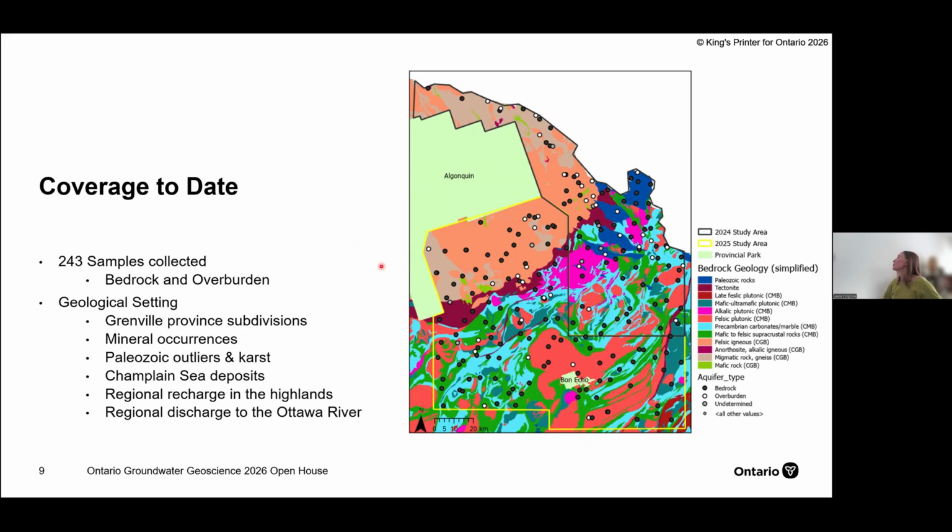So in the northwest, we have the Central Gneissic Belt, which is these orangey pinks up here. And then in the southeast, we've got the Central Metasedimentary Belt, which is a lot more complicated and heterogeneous. And then on top of that, we have a few of these Paleozoic outliers in the dark blue up here in the Ottawa Valley. So that's a potentially different input to chemistry.